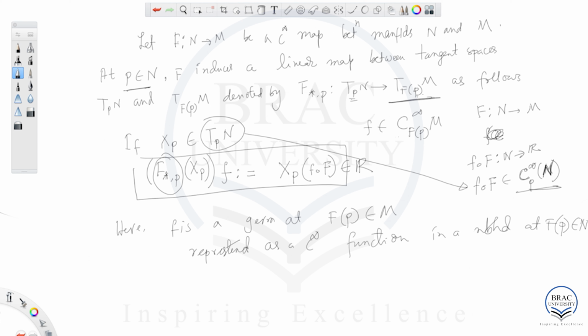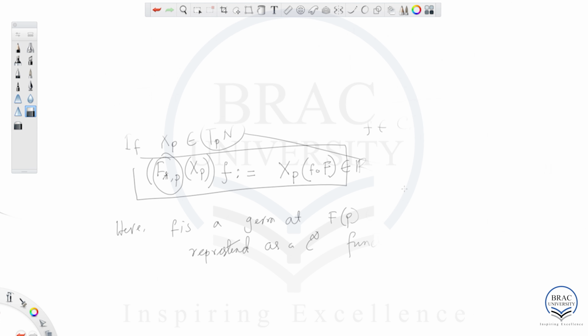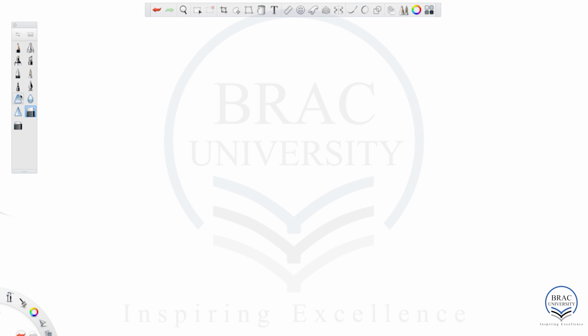Okay. So now we take the example of the differential of a map between two Euclidean spaces, the special case of a smooth map between two Euclidean spaces, and we'll try to find the differential of that map. Suppose F from R^n to R^m is smooth at p in R^n.